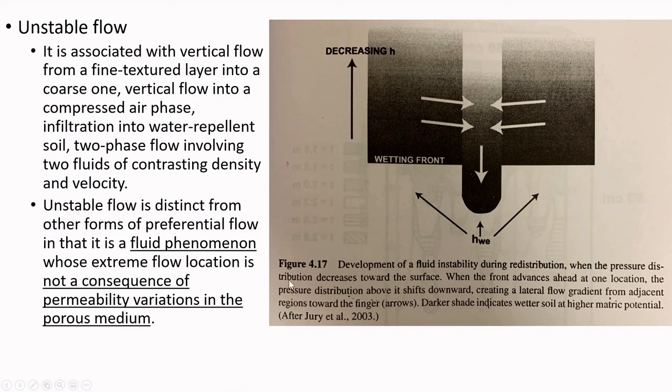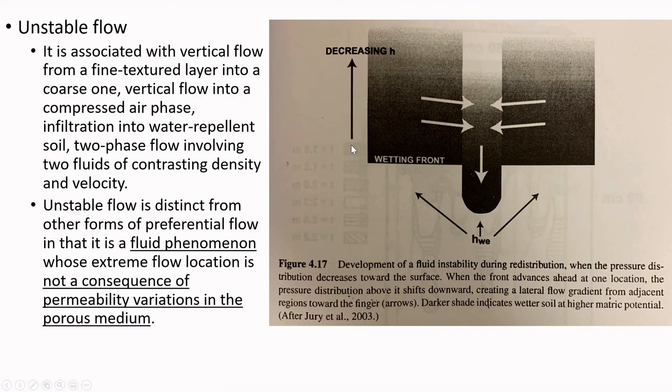Alright, so this Figure 4.17 shows the development of a fluid instability during redistribution when the pressure distribution decreases towards the surface. If you look at this soil, you can see that from the wetting front there is more water here than at the surface, so the water is actually gathering at the bottom.